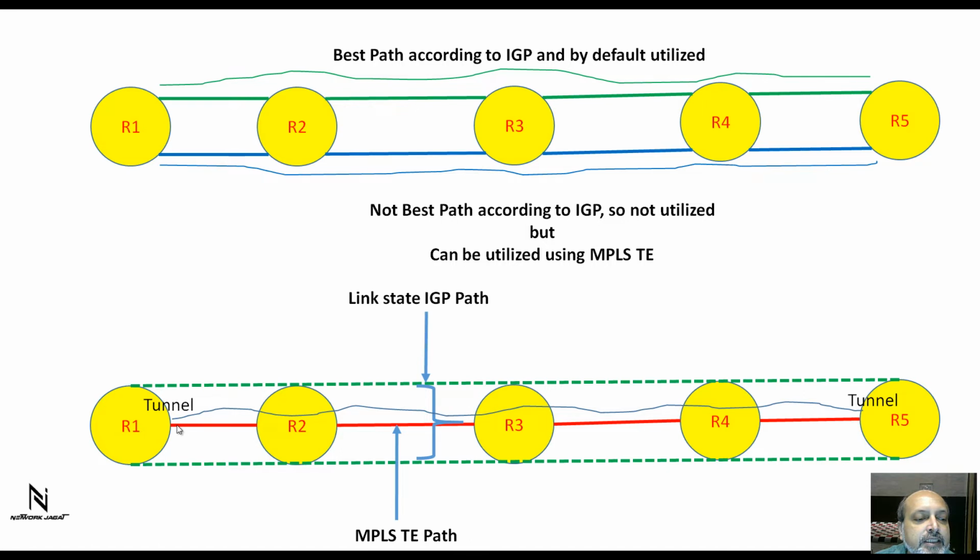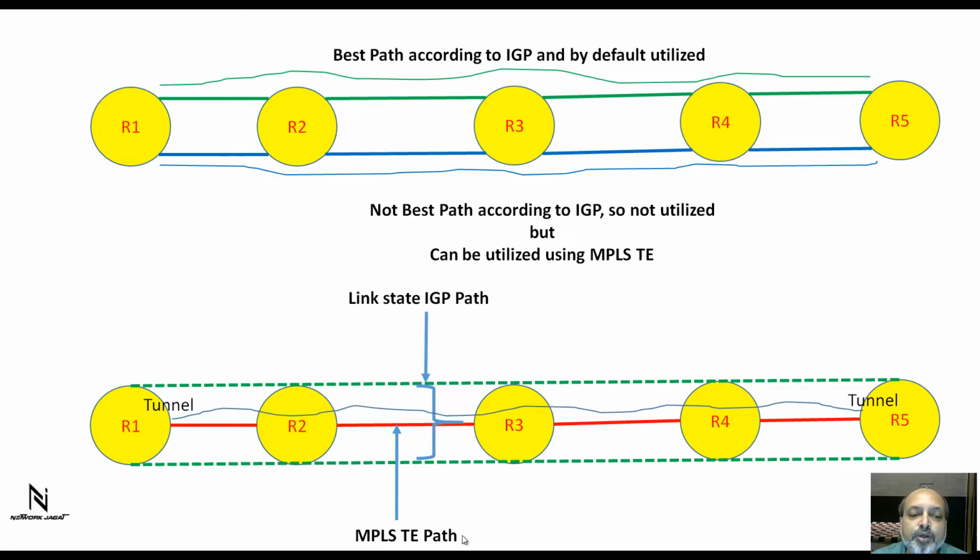So that means this MPLS TE path will be consisting of some physical components. And what are those physical components? Certain physical links and definitely certain routers. Now these routers which belong to this path, these are called explicit route objects, or ERO.